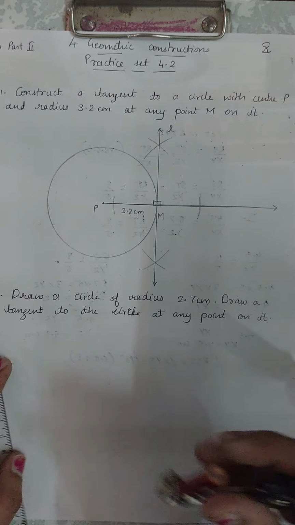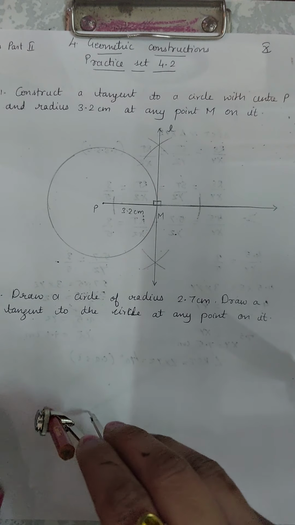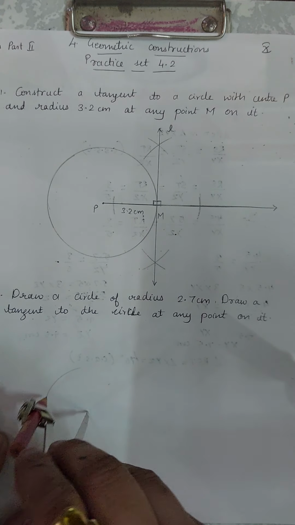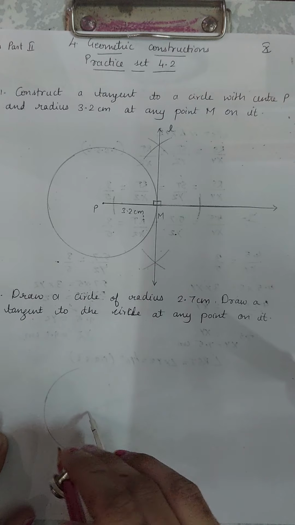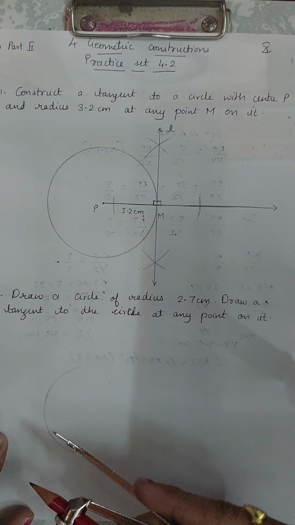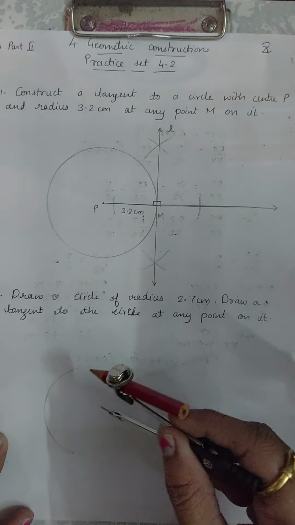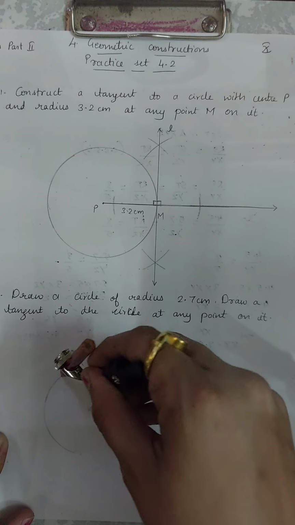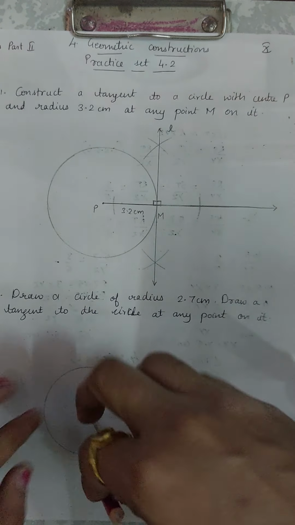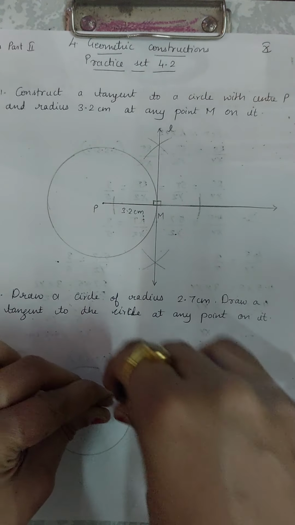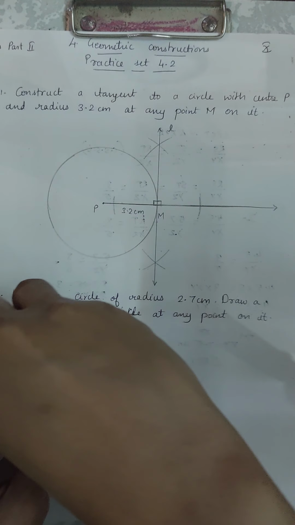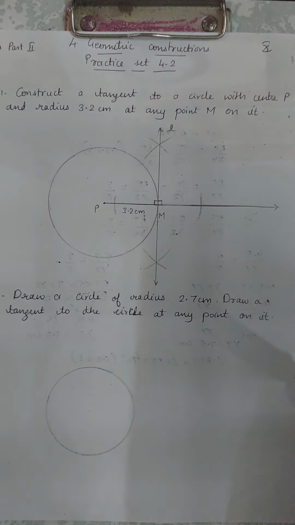So this is radius 2.7. Draw the circle. This is 2.7.